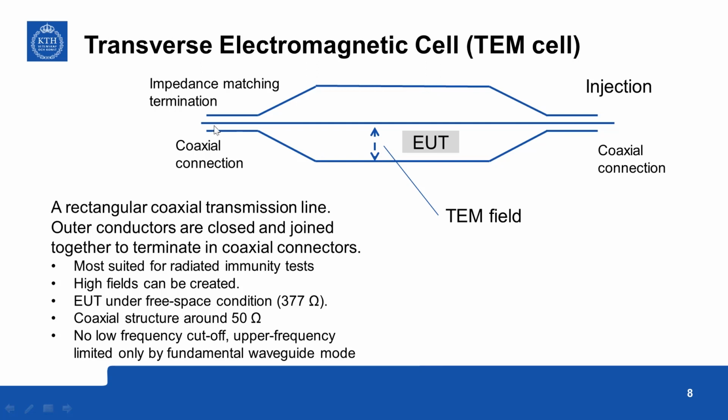And usually this type of coaxial structure is designed for 50 ohm terminations. You can have 75 ohms also sometimes.